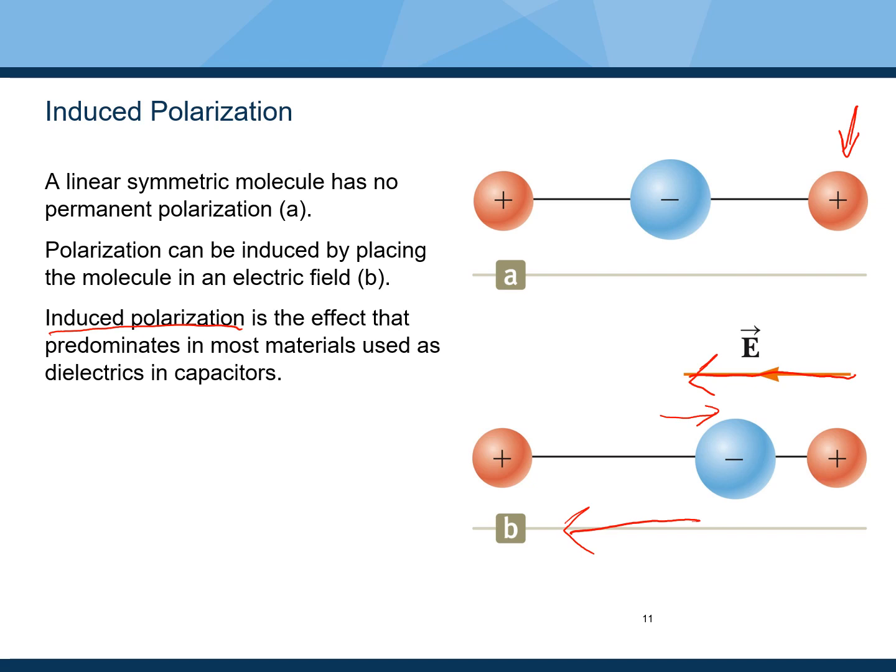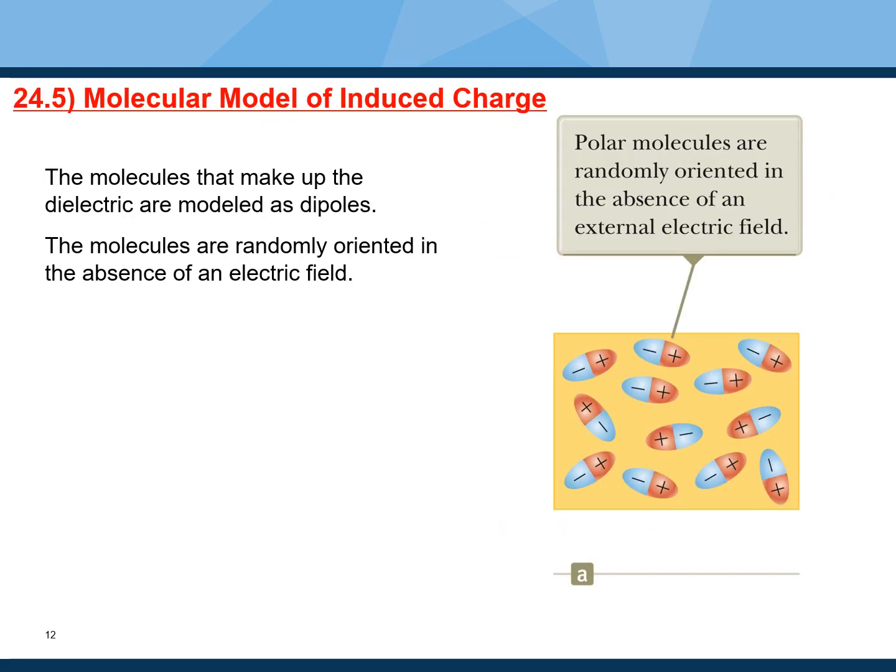We've seen that out here, and we've also seen that with the water molecules in the previous transparency. So now let's understand at a molecular level how a dielectric material responds when it is put between the plates of a capacitor.